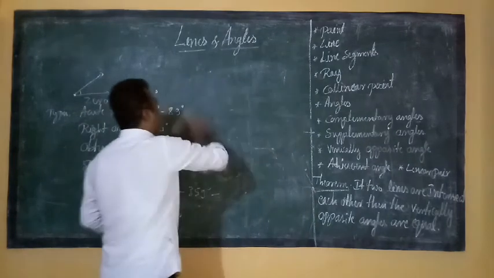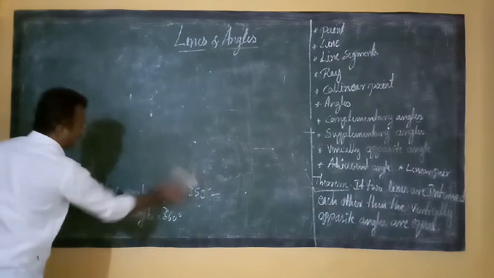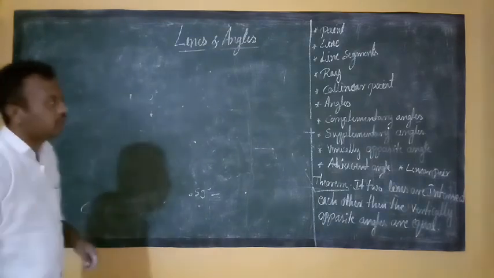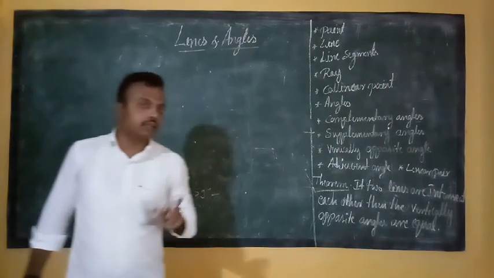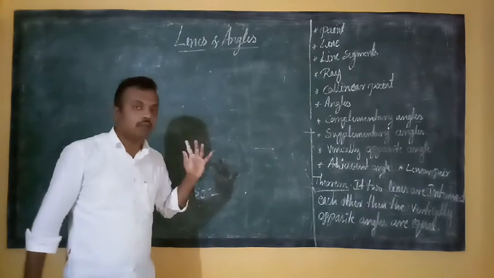Complementary angles. We also studied these angles in last year's classes, correct? What do you mean by complementary angles? Complementary angles means when the sum of any two angles becomes 90 degrees, it is called complementary angles.